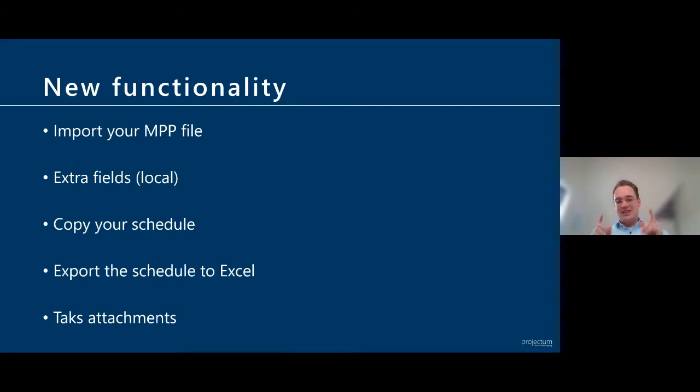Extra fields, these are local. We have the option to copy a schedule and create a template through that way. We also have the option to export to Excel and further analyze our project there. And we have the option to add attachments. And if we want to attach files, we would do that through a Microsoft Teams or a Microsoft 365 group.